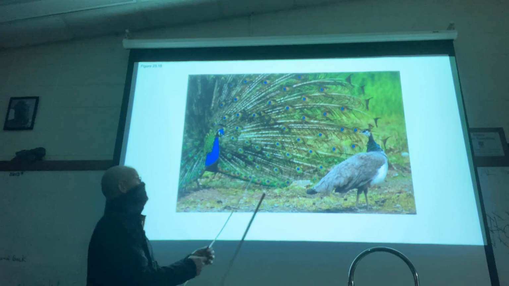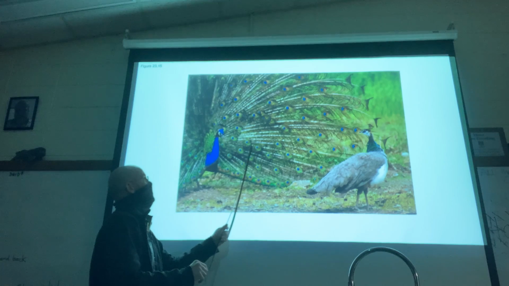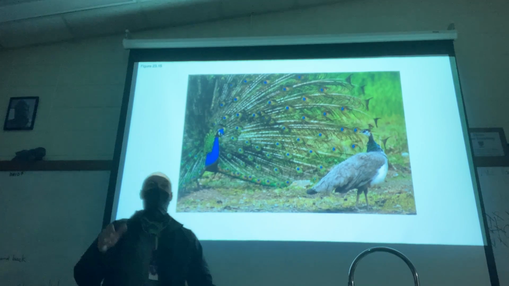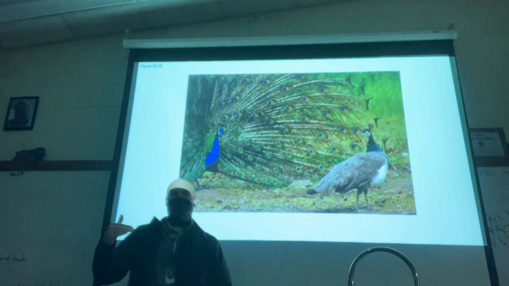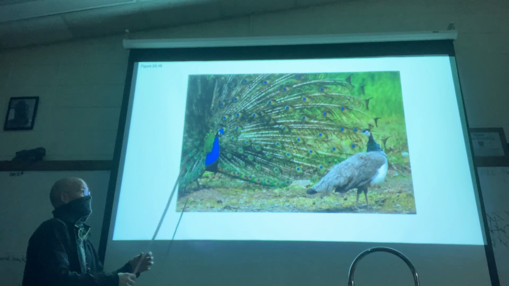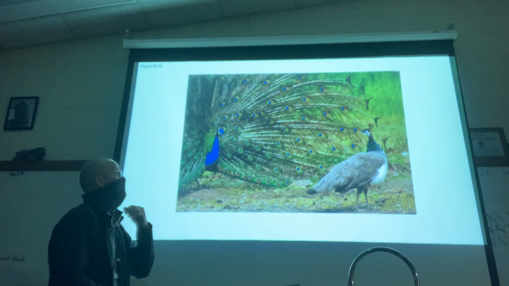And they've done studies where they take some tape and just tape over one of these. I mean, look how many there are. They just put tape over one of them and they see a significant drop in how often a female will choose to mate with this male. Just because one of these little dots is covered up.